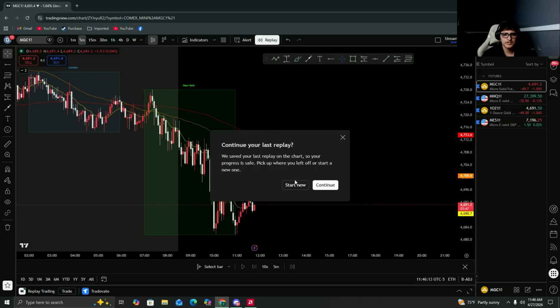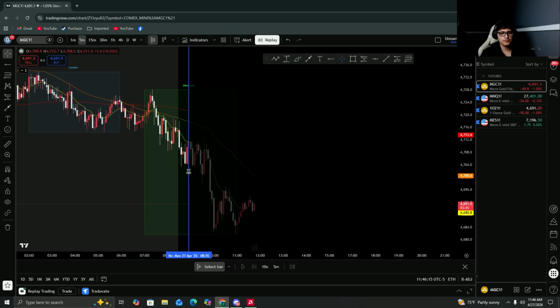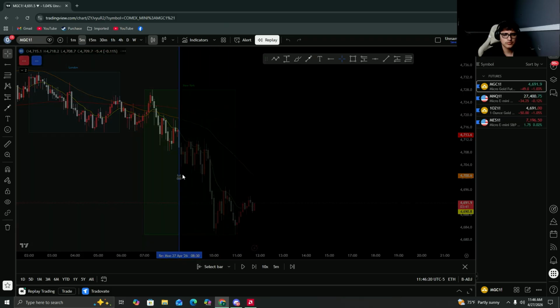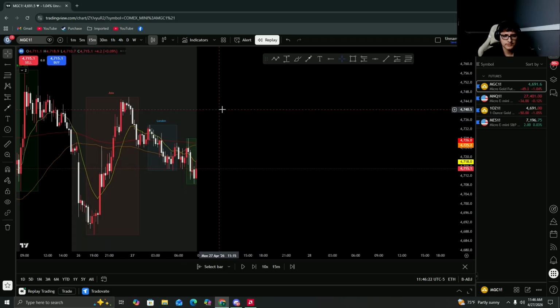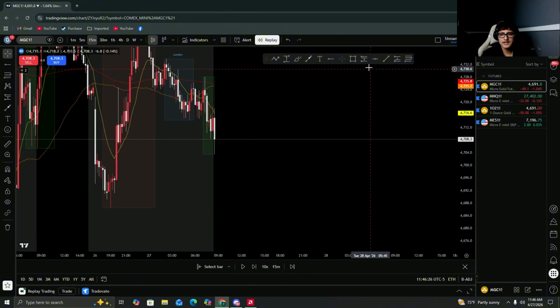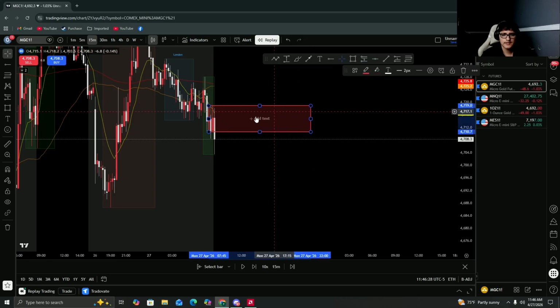So let's just backtrack this to right here. If we go to the 15 minute right here, we created a 15 minute supply zone right here. This is the 15 minute supply.